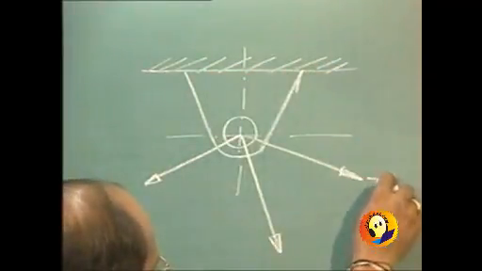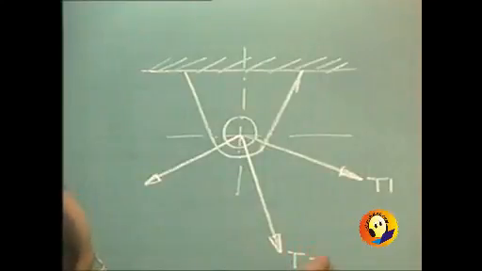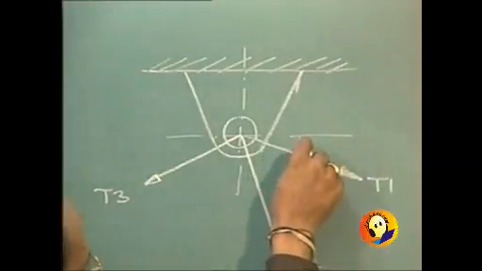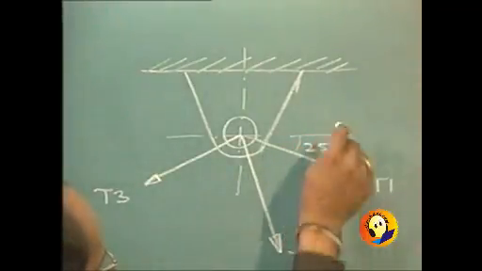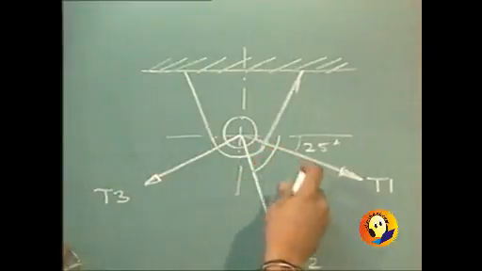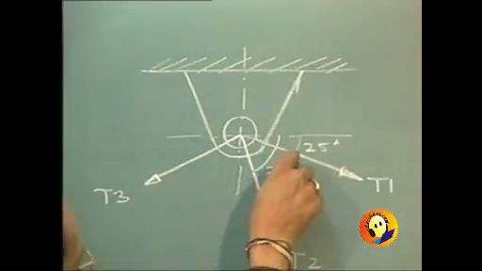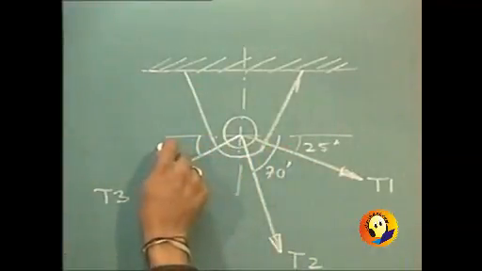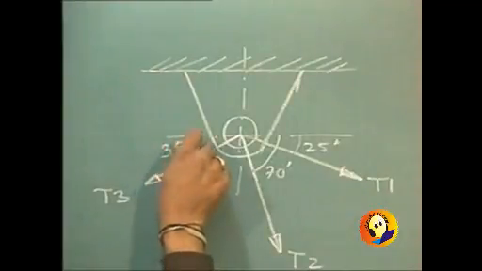Each of these strings is pulling the bracket. They are exerting forces, respectively say T1, T2, T3, and the angles made by them with the horizontal are 25 degrees, 70 degrees, and here it is 35 degrees.